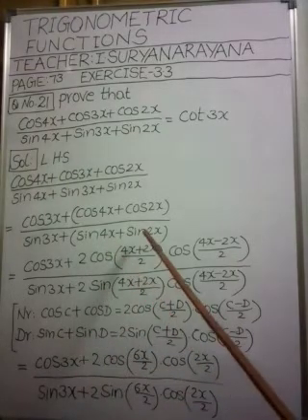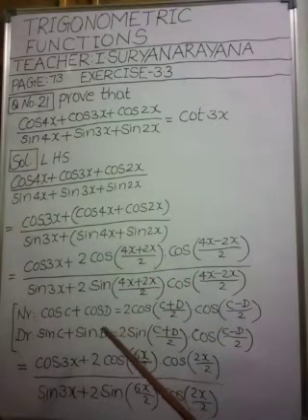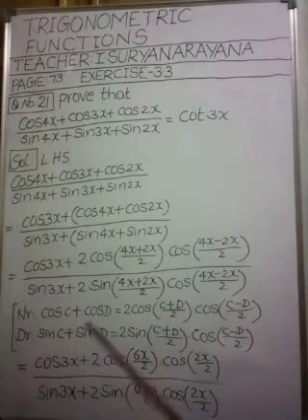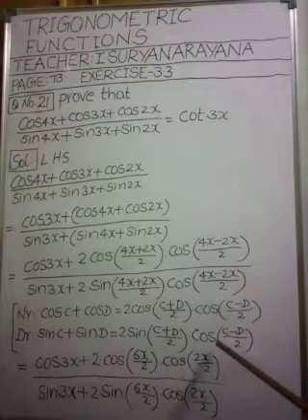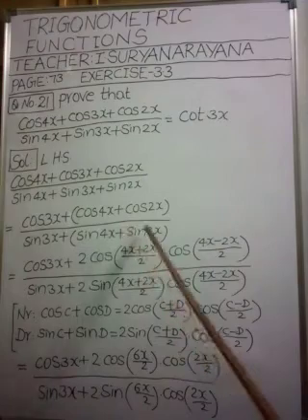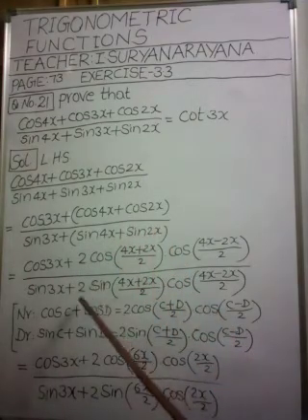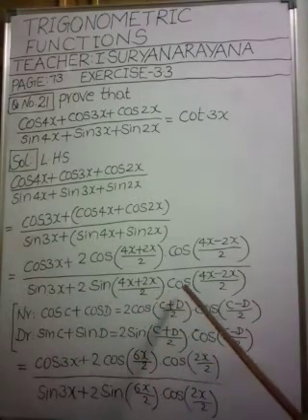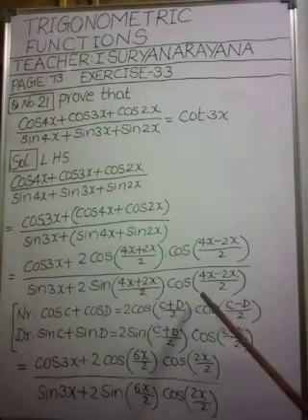What is the formula? 2 sin((c+d)/2) cos((c-d)/2). We apply this formula in the denominator, where c is equal to 4x and d is equal to 2x. So plus 2 sin((4x+2x)/2) into cos((4x-2x)/2). Understood this second term in the denominator, my dear children?